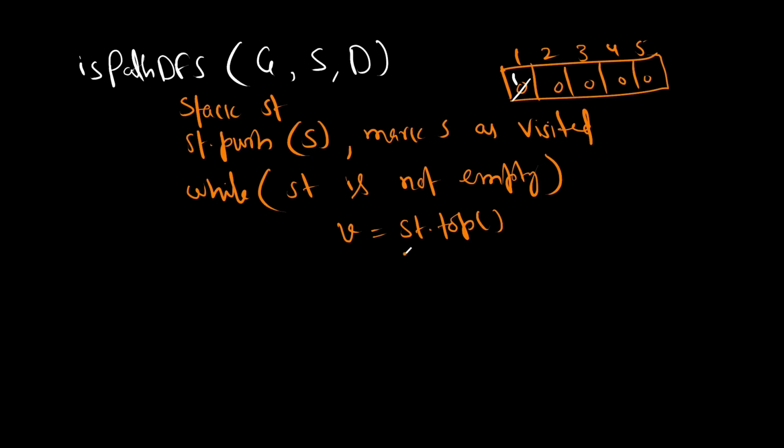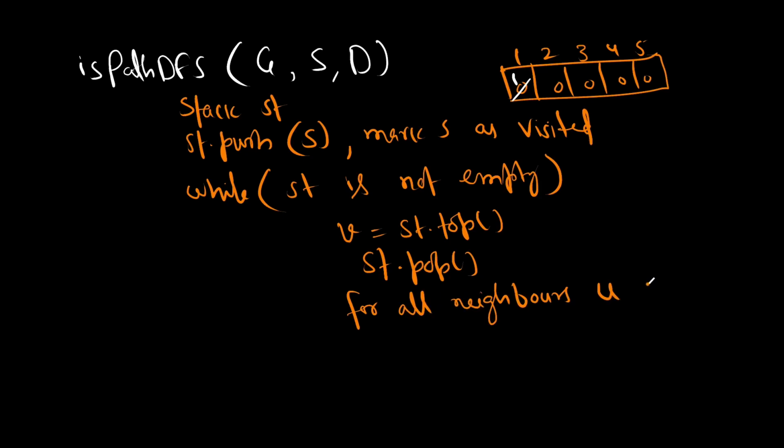Okay, so we'll pop this particular element, and then we are going to apply a for loop for all neighbors u of v. Okay, so we are going to check all the neighbors of that particular node and then apply a condition. If this node is equal to destination, we need to return true. It means we have actually found the path between two nodes, right? I hope it's clear to you.